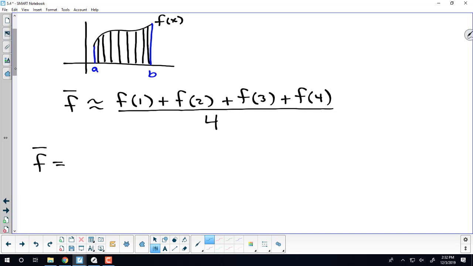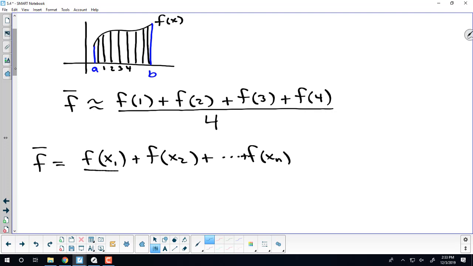So if we just chose specific values 1, 2, 3, and 4. But in general, if we said that it's f of x1 plus f of x2 plus all the way to f of x sub n, then we have to divide by n.